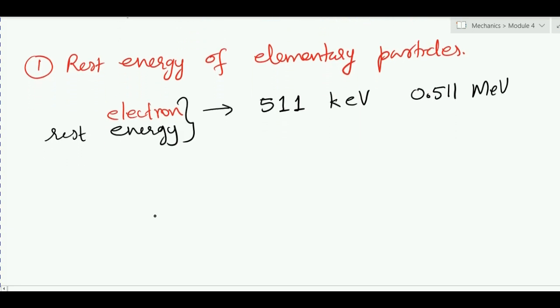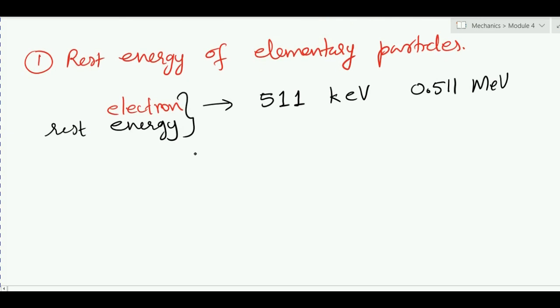Now we know a mass energy relationship, right? So E equal to mc square, or you can write m equal to E by c square. Taking advantage of this relationship, we can also write a unit for momentum.